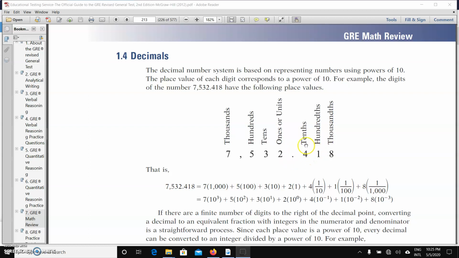To the right side, you have tenths. The next one will be hundredths. Then the next one, thousandths. Now to the left, the 2 here will be units. The next one will be tens.